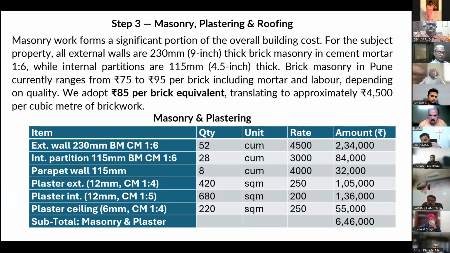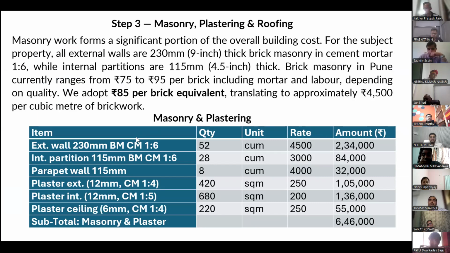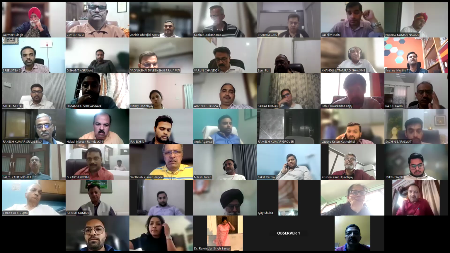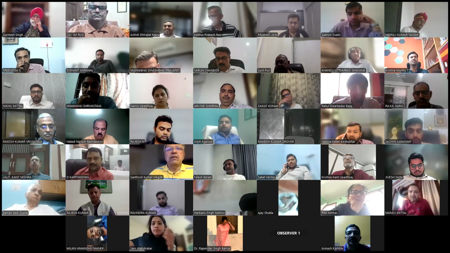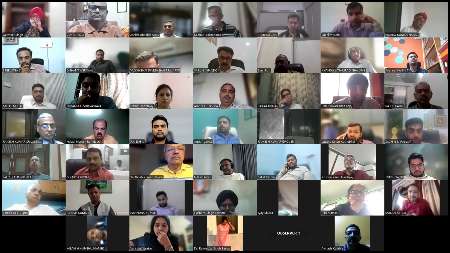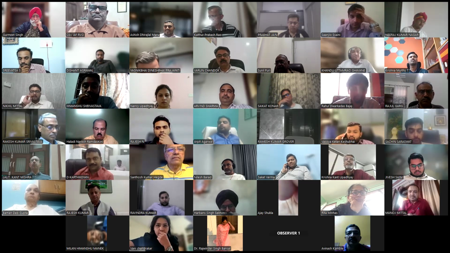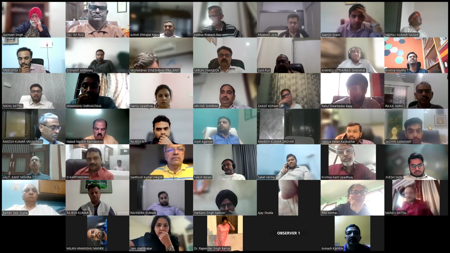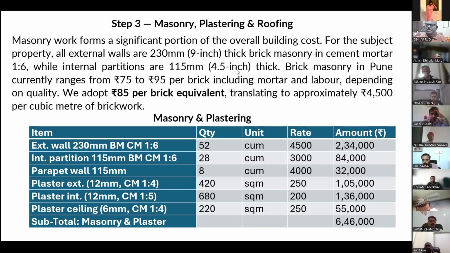Then for masonry walls, external walls are 230 millimeter thick, that is 9-inch thick walls in cement mortar 1:6. And internal partition walls are 115 millimeter thick, means 4.5-inch thick.